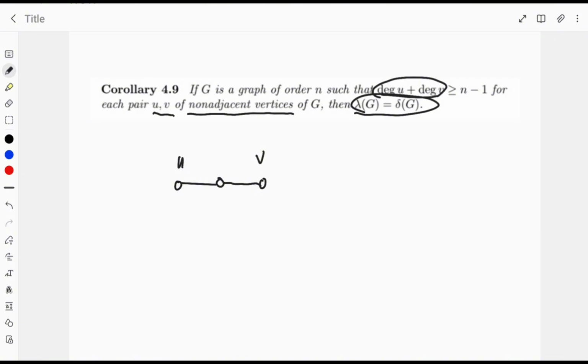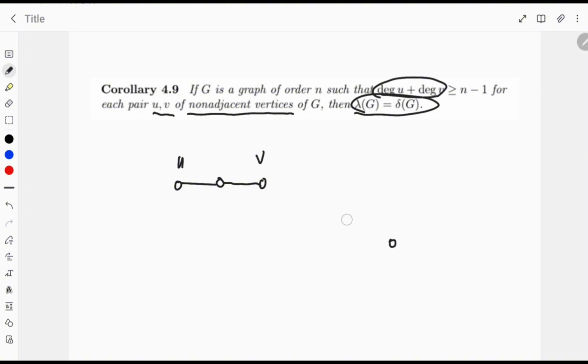Okay, suppose we have a complete graph, so this will not satisfy, because in a complete graph U and V will be connected, because every vertex in a complete graph is connected to each of the vertices in the graph.